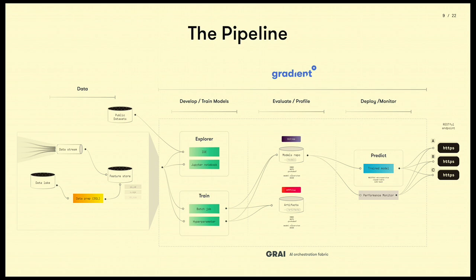I put together this slide to diagram what a canonical pipeline looks like today. So this is zooming out. You have on the left-hand side a data source, either a data lake or a streaming data source coming in. From there, you're going to create a feature store of training data, which is essentially just pre-processed data ready to be fed into a framework like TensorFlow or PyTorch.